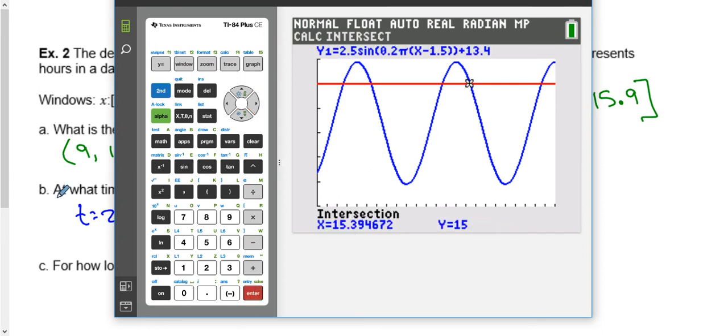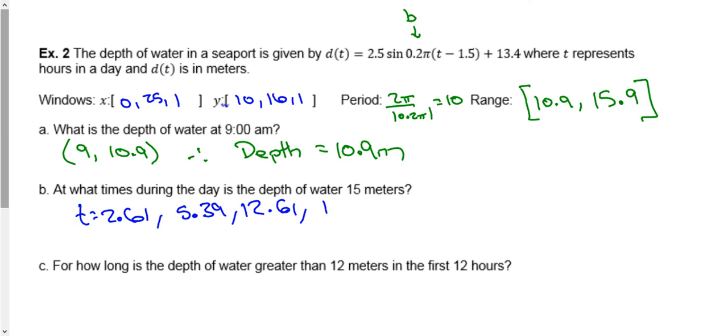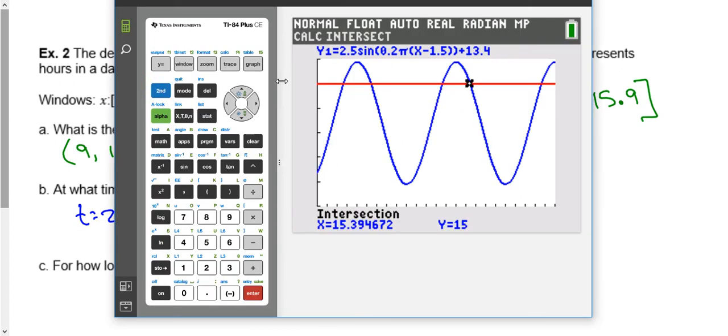Uh, 15.39. And last but not least, it should be 22.61.